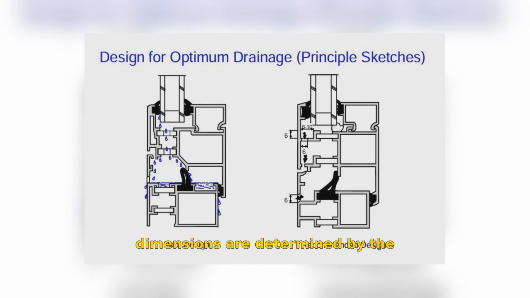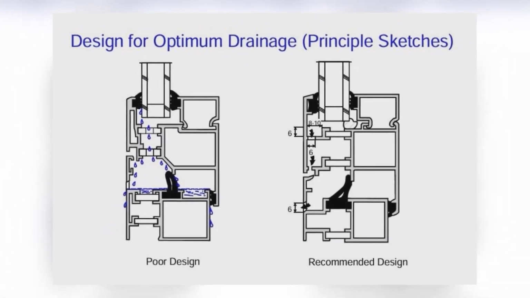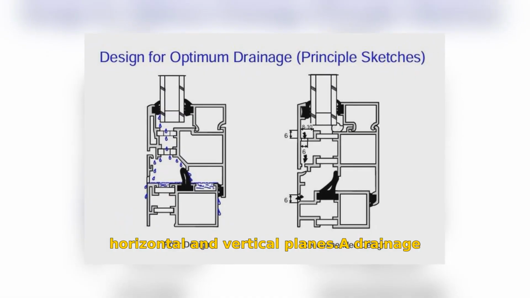The dimensions are determined by the size of a water drop, which is approximately 4.5 millimeters in both the horizontal and vertical planes. A drainage channel or hole must therefore be larger than 4.5 millimeters, such that the surface tension in the drop does not cause it to adhere to the sides of the channel or holes, and thus prevent satisfactory flow before it has built up a water level within the channel, which then may push the water towards the air seal.